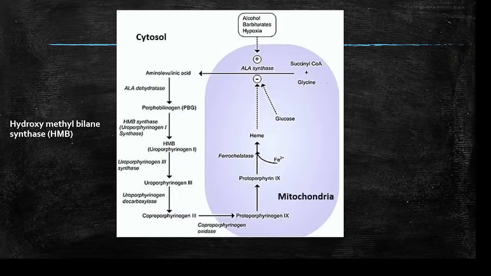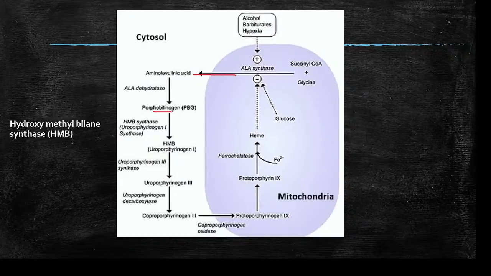The biosynthesis of heme starts in mitochondria with succinyl-CoA and glycine reacting. It forms aminolevulinic acid by the action of aminolevulinic acid synthase. This aminolevulinic acid is carried out of the mitochondria into the cytoplasm, and in cytoplasm further reactions happen. Here aminolevulinic acid dehydratase will convert aminolevulinic acid into porphobilinogen.